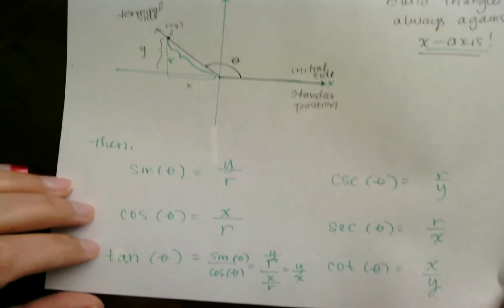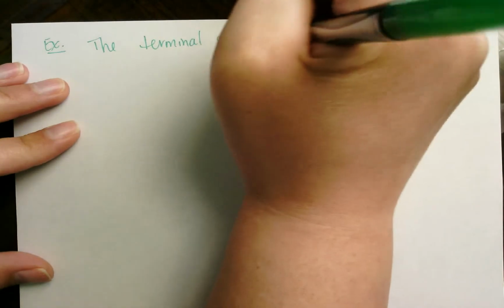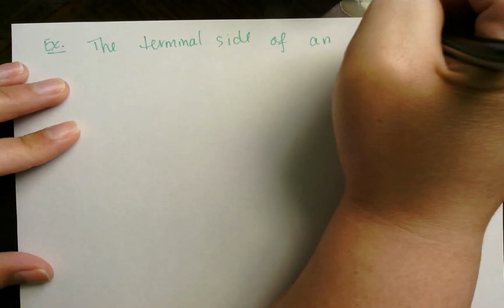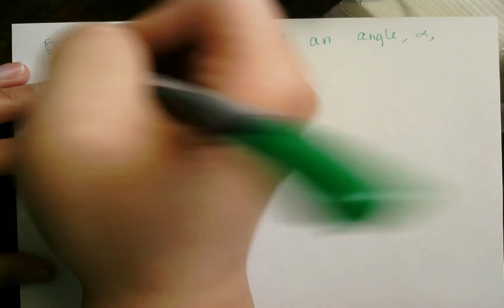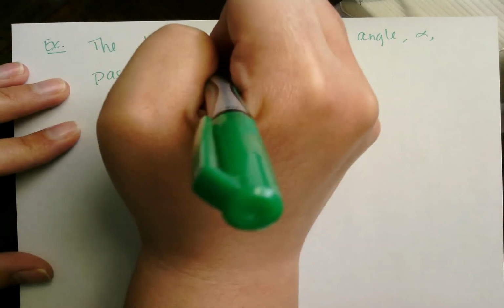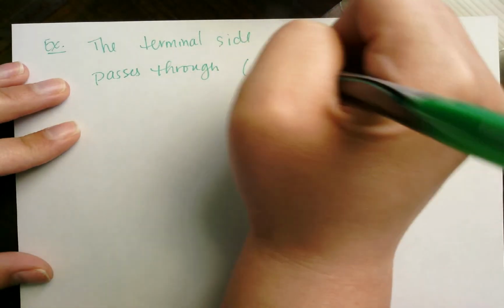All right, so let's do an example with all that information. Example. The terminal side of an angle, we'll call it alpha, passes through (4, -5).